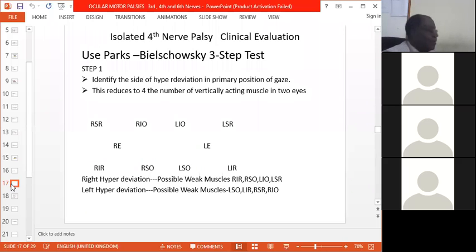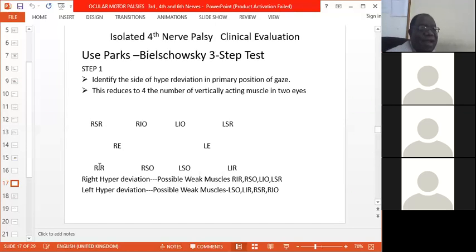Look. If this is the right side, there is a hyperdeviation. It means this muscle, the right superior rectus, lifts the eyeball up. It can only do that if the right inferior rectus is weak.